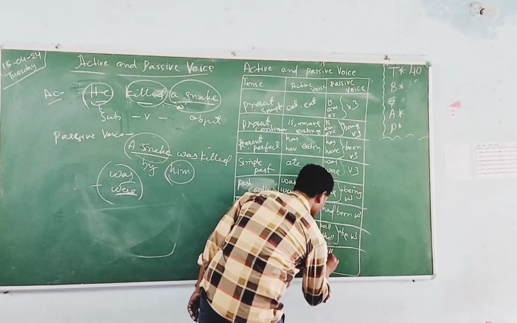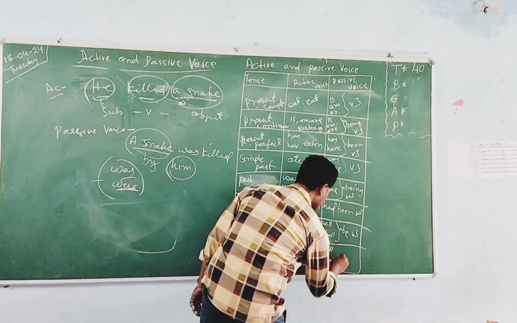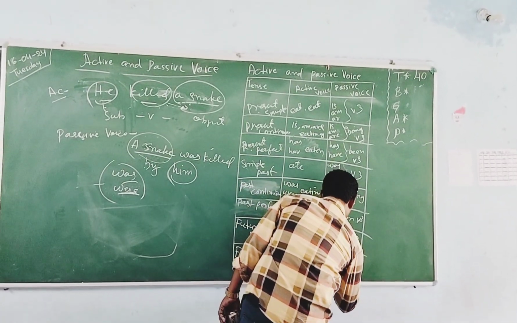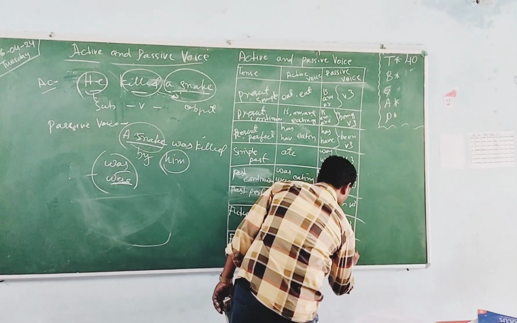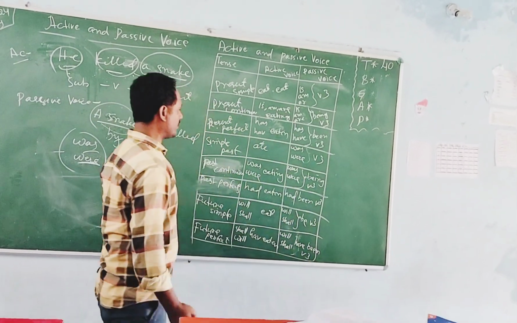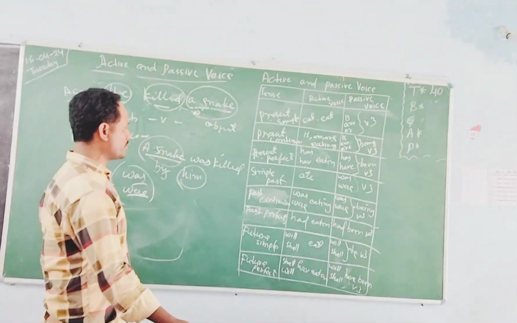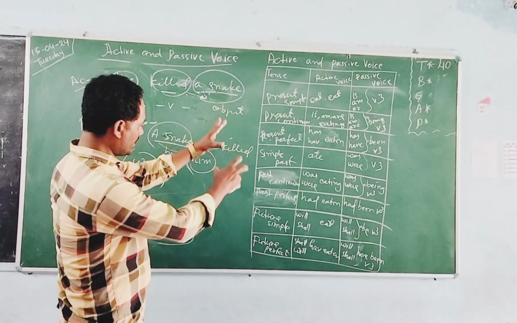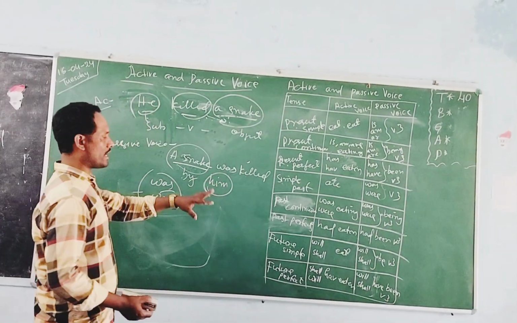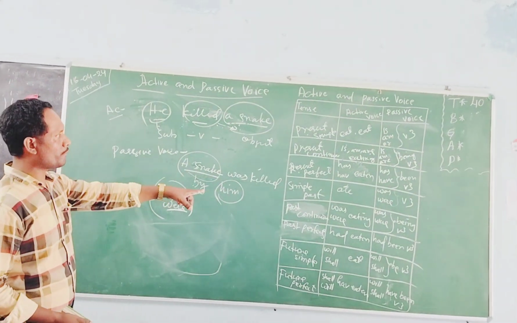Will, shall, this is the formula. This is the active and passive voice table. Based on this table, let me explain to you one by one how to change active into passive voice with the help of this table.